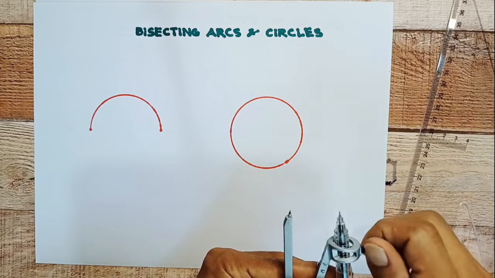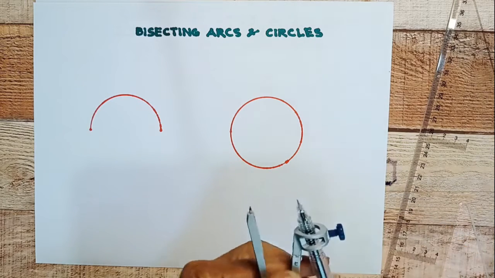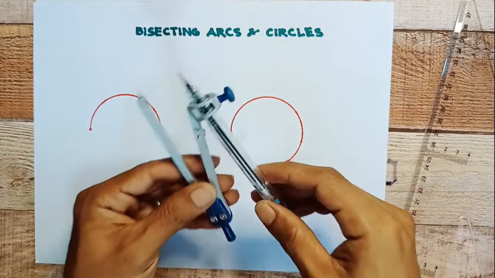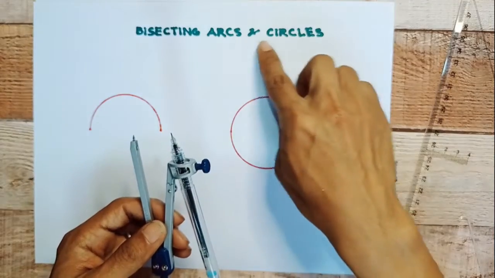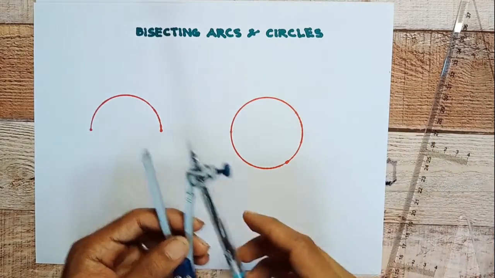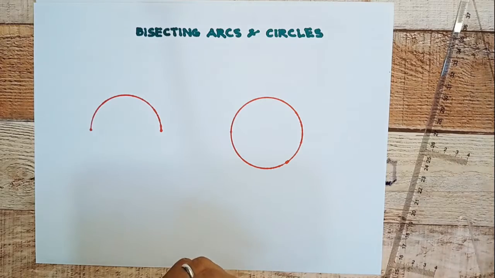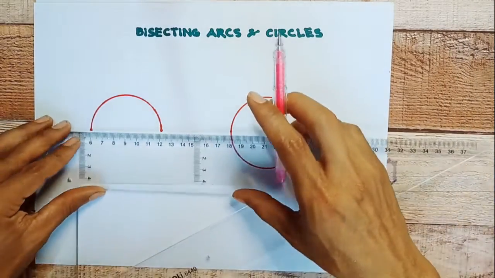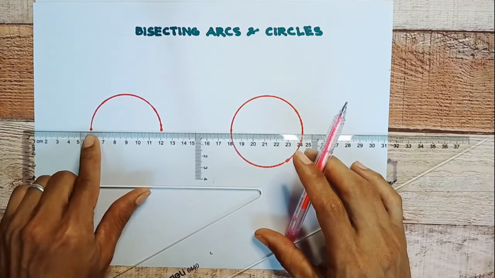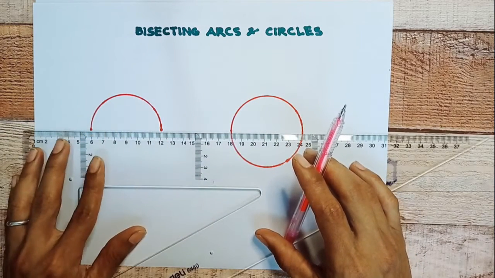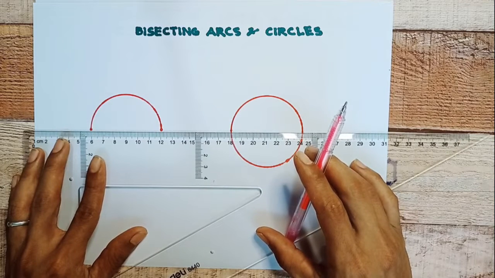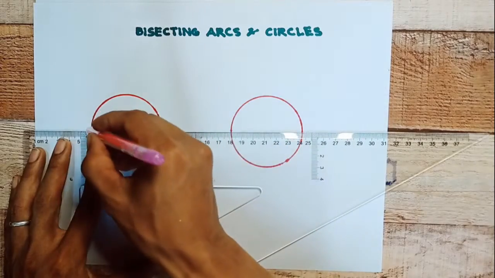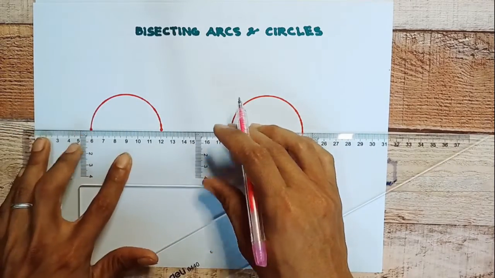So, again, we will be using our compass in bisecting our arcs and our circle. So first things first, we're going to draw a line from one end of the arc towards the other end. There. You may draw a line from one end to the other.